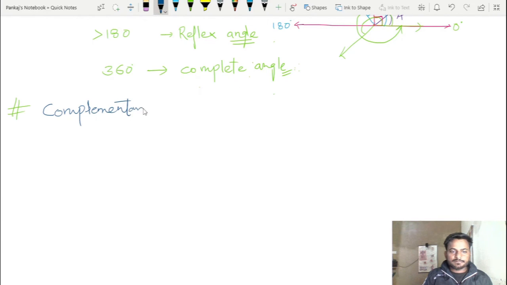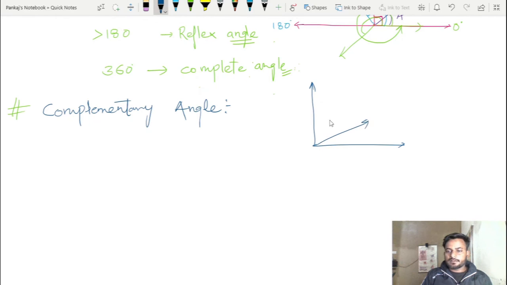Complementary angles are those angles whose sum is equal to 90 degrees.